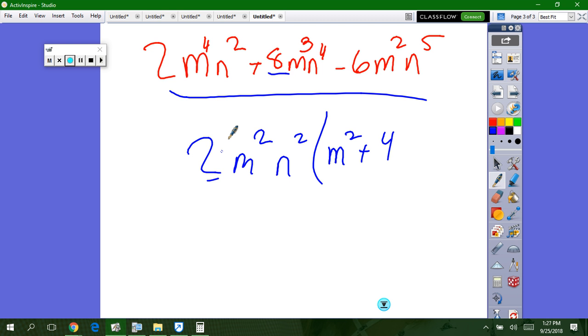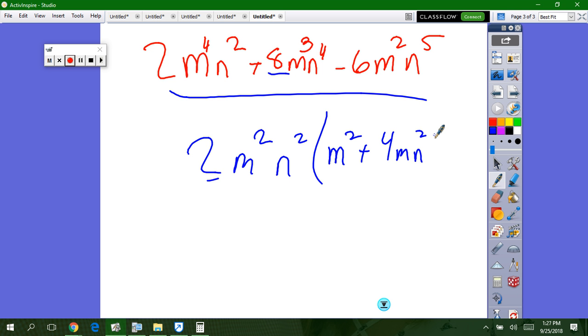If I put a 6 here, that would give me a 12, not an 8. So I remember I'm dividing, correct? Okay. And then m cubed divided by m squared. What do I got? Just m. Good. M to the first or m. N to the fourth divided by n squared. Good. Does that make sense, Taylor?